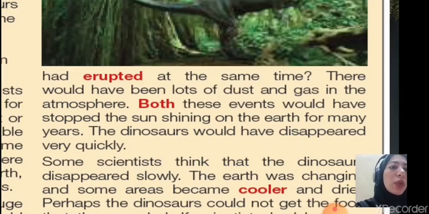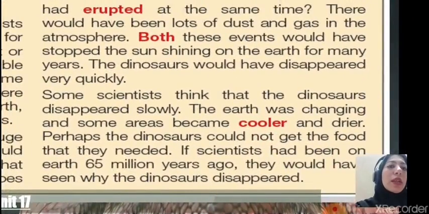The dinosaurs would have disappeared very quickly. Some scientists think that the dinosaurs disappeared slowly and the earth was changing and some areas became cooler and drier. Perhaps the dinosaurs couldn't get the food they needed. If scientists had been on Earth 65 million years ago, they would have seen why the dinosaurs disappeared.